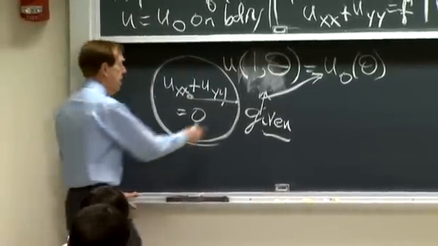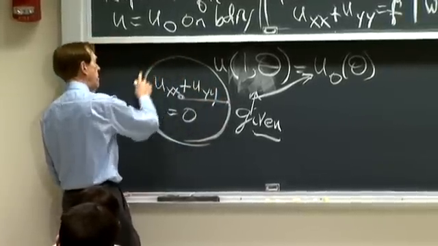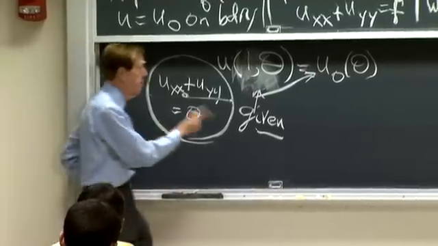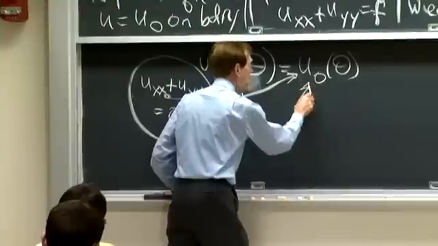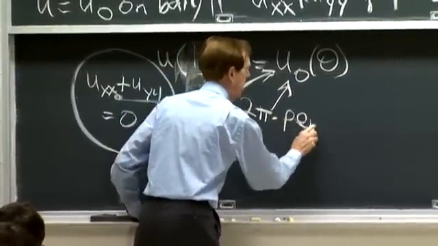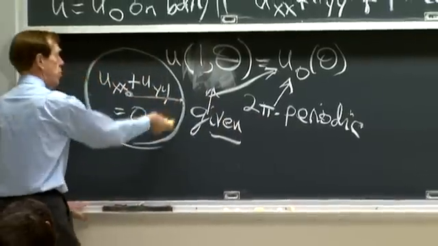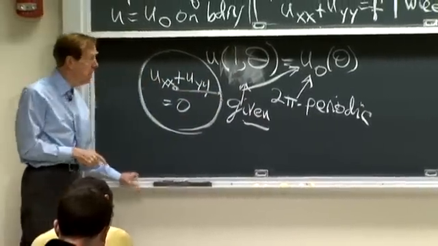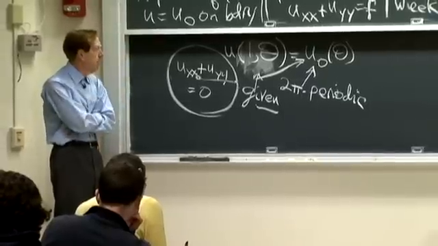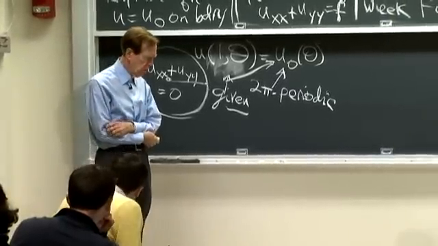Or the boundary condition might vary around, but notice that this is a periodic function. This is 2 pi periodic, because the problem's the same. If I increase theta by 2 pi, I've come back to the same point, so it's got to have that value.